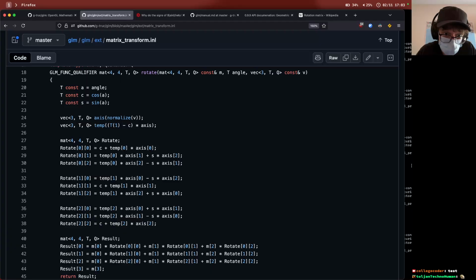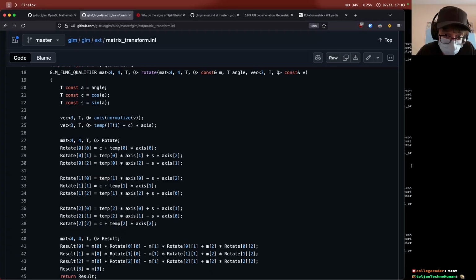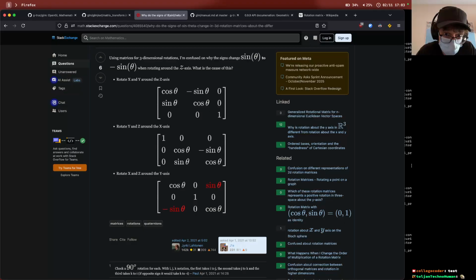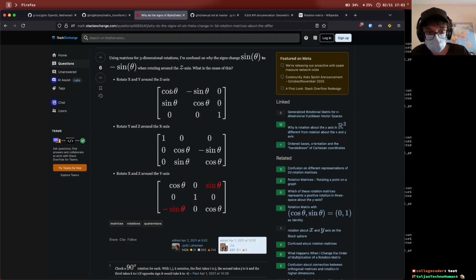Thus, to get that, you get the cosine of the angle plus the temporary temp times the axes. If we're rotating around the z-axis, axis at 0 should be 0. So you only compute the cosine, and this is 0, so it cancels out the vector, and you end up only with the cosine of the angle, which is exactly what we end up with in the transformation matrix for a rotation around the z-axis.